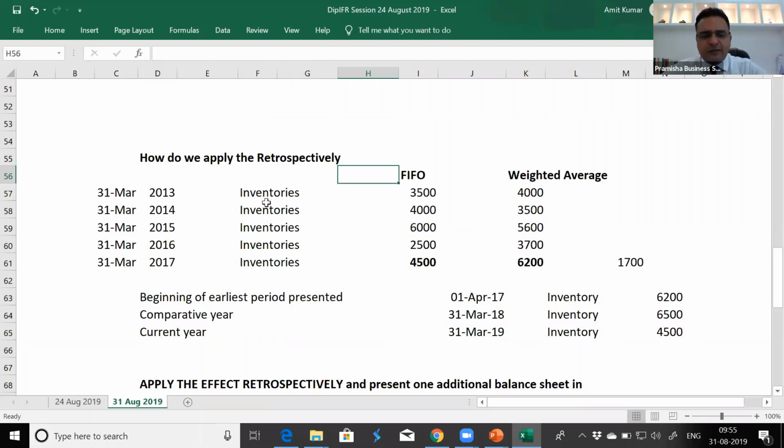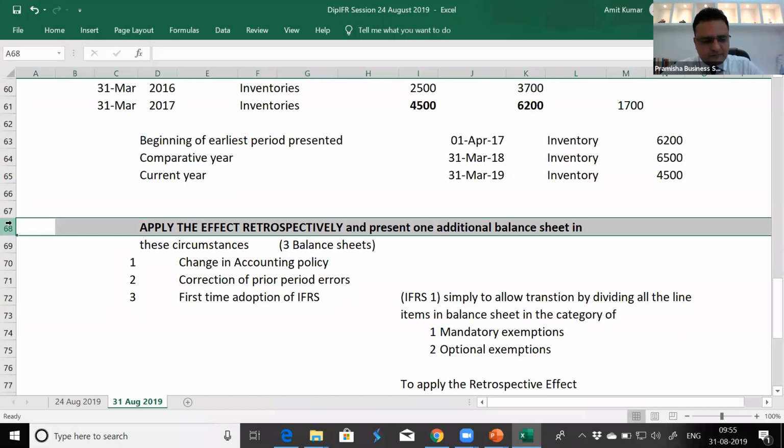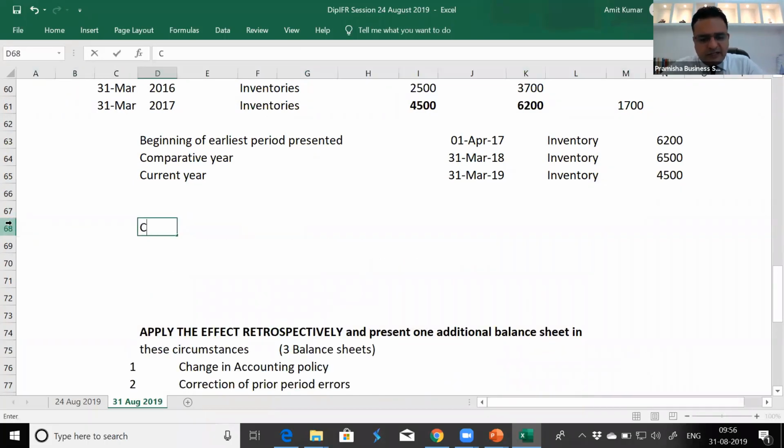So there are two things happening here. When we apply the effect retrospectively, we need to see whether the change is cumulative in nature. Is it impacting all the previous years?